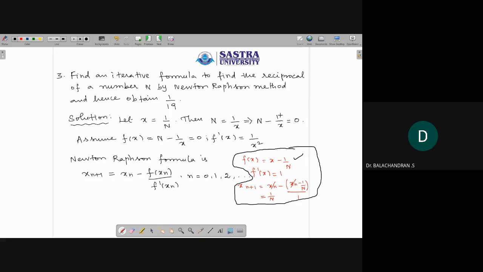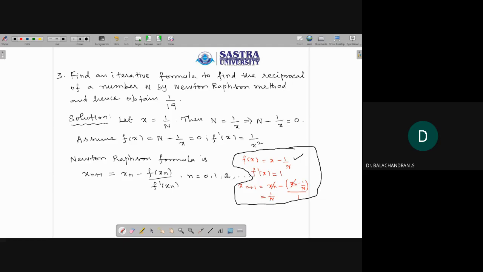I'm taking this as the function of x, and then I am finding f dash of x. f dash of x is equal to 1 by x square. So now come to Newton-Raphson formula, xn plus 1 equal to xn minus f of xn divided by f dash of xn, where n varies from 0, 1, 2, 3, etc.